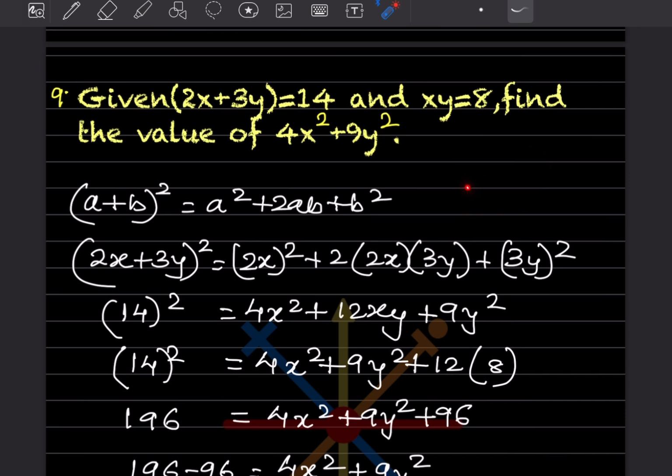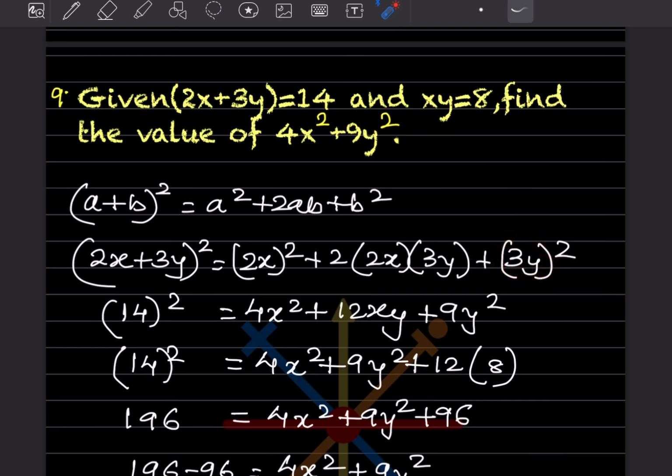The bracket shows that the square is for 2 as well as x. So the bracket is important. Plus 2 times 2x times 3y, and again a bracket, (3y) whole square.